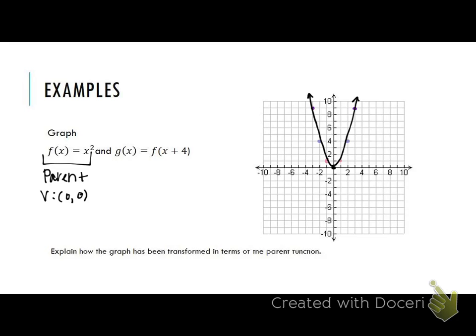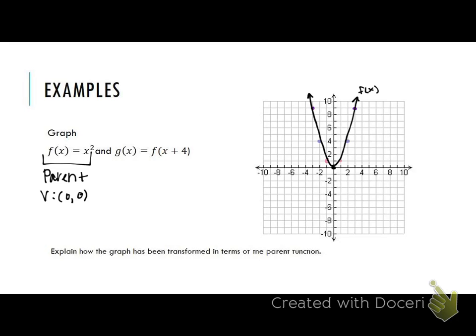So we need to think about what our transformation is saying. It says the new graph, g of x, is taking f of x, and inside we are inputting for x, x plus 4. What does that make our graph do?